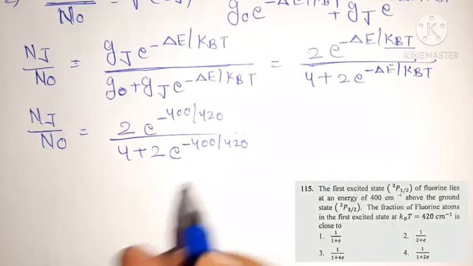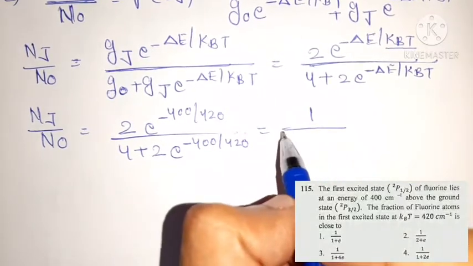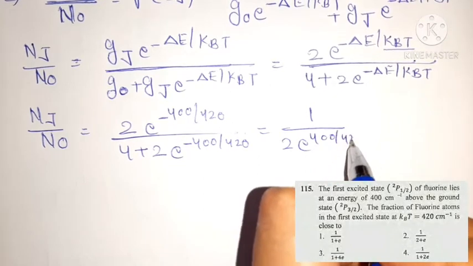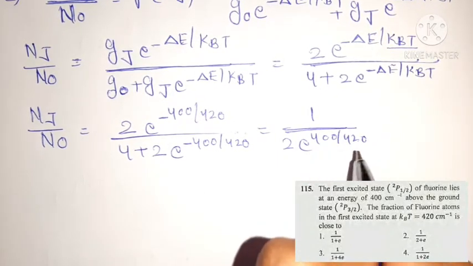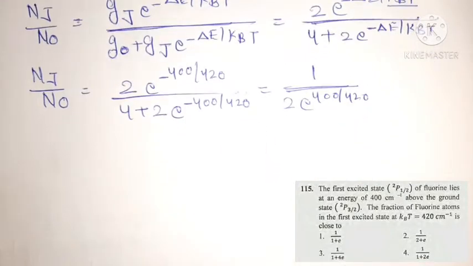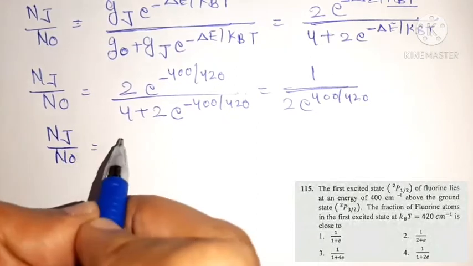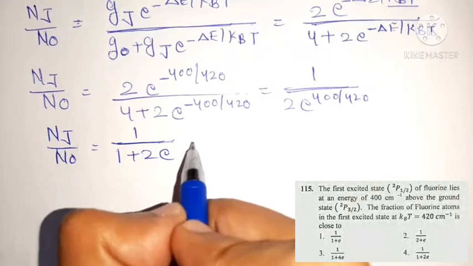Now let's solve it. This will be common. So when you solve it, 2 into e to the power minus 400 upon 420 gives 1 by 2 into e to the power 400 upon 420, and this will be equal to 1 by 1 plus 2e, which is your option number 4.